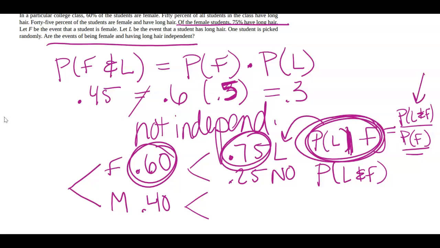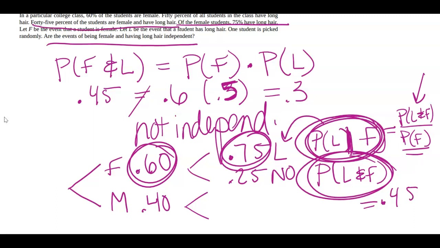So when we multiply up our branches, we're finding that and probability. And so if I do 0.6 times 0.75, I get 0.45. Now remember it says that 45% of these are female and have long hair. So I already saw that and I'm checking it off right there.